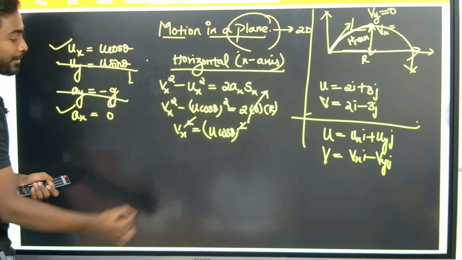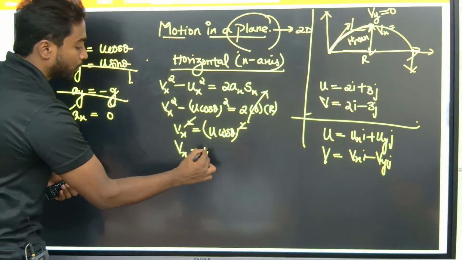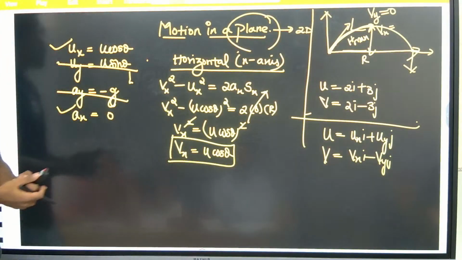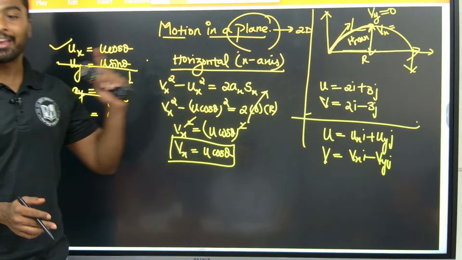Square and square will get cancelled. Am I getting the same thing now? Final velocity is nothing but the initial velocity of the given object in x axis.